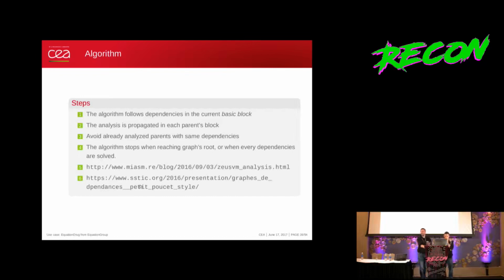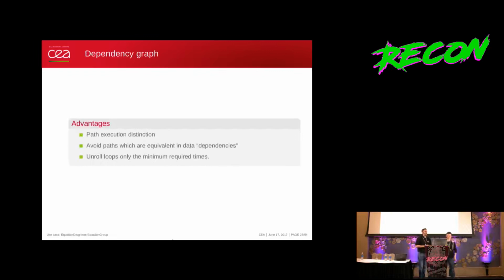Sorry, it's in French, and a blog, and this one is in English. Thanks to this algorithm, we can distinguish, for example, cases like if and else. And if we have a complex loop, it will unroll the loop the minimum number of times in order to discover all the new dependencies and give the solutions.